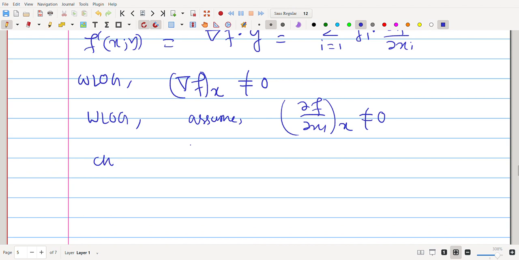Now choose a vector y equal to (1, 0, 0, 0). If del f del xi is non-zero, then you will choose the vector which has its ith component 1 and other components 0. Basically the ith basis vector of Rn.